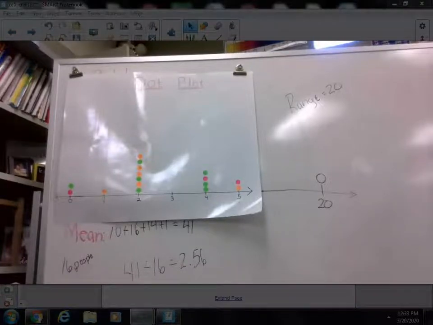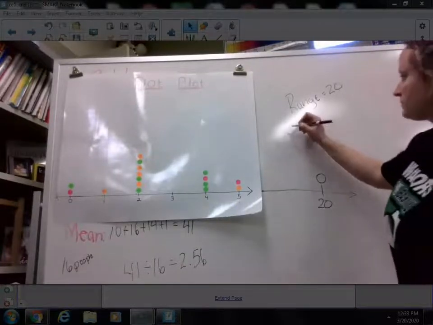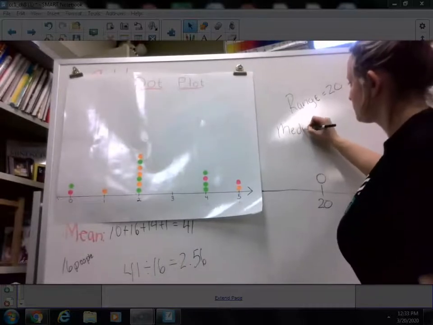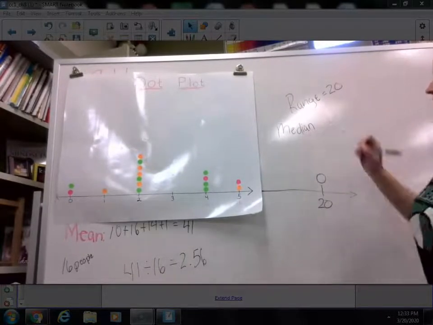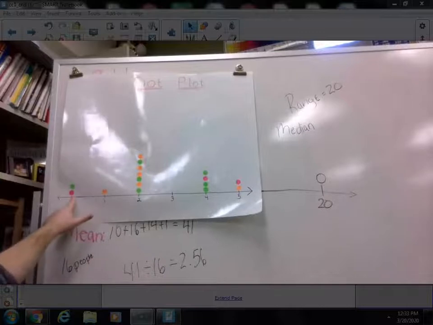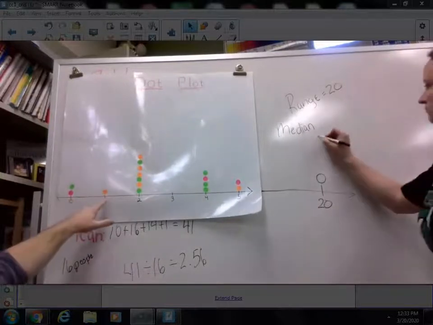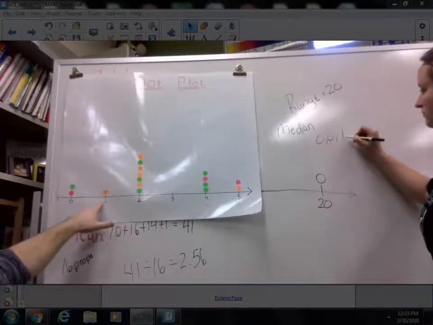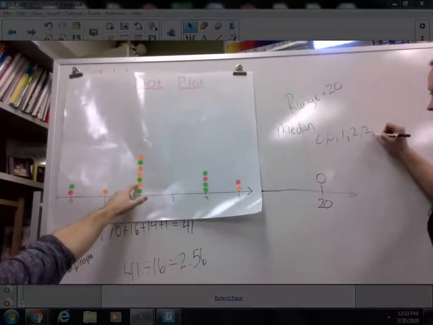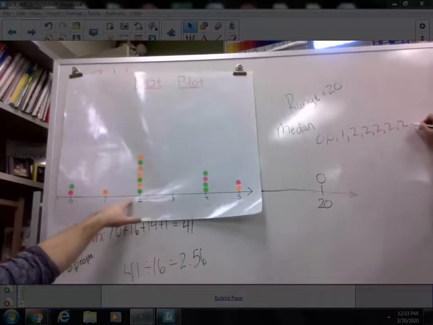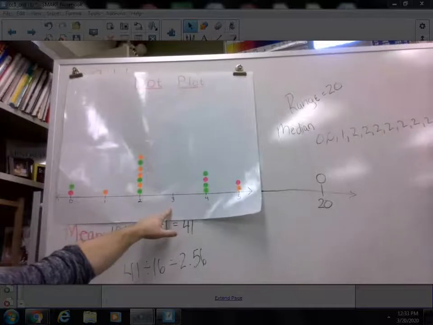So now we want to talk about how the median would change. So again, we need to go back and organize our information least to greatest. So we're going to go ahead and have 0 twice, 1, and then we have 2, 1, 2, 3, 4, 5, 6, 7 times. We don't have any 3s.